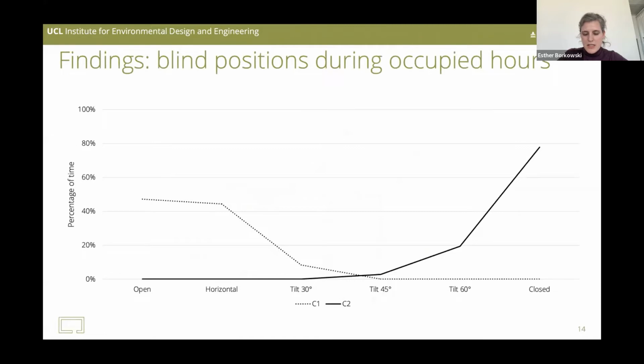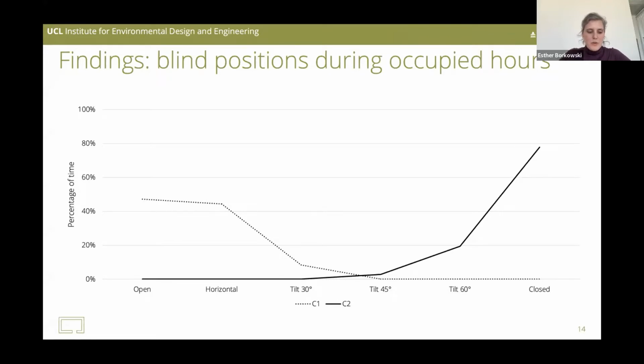I ran the simulations then for a typical 3-day summer period. As you can see here, both control strategies significantly influenced the positions of the blind. This graph shows the percentage of time the blinds were open or tilted or closed during occupied hours.